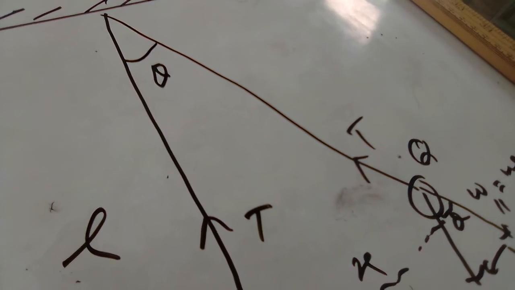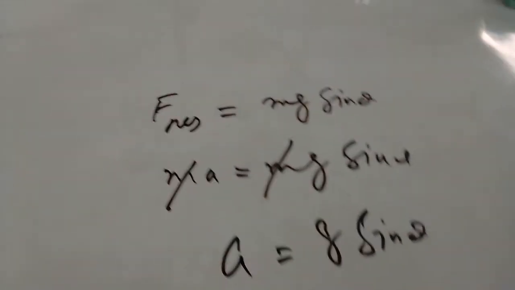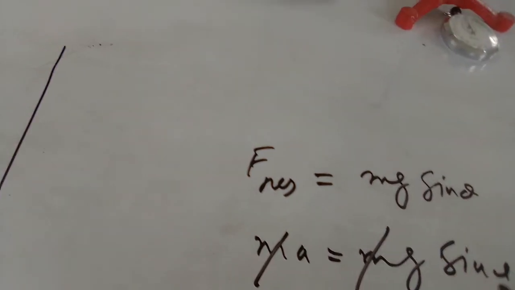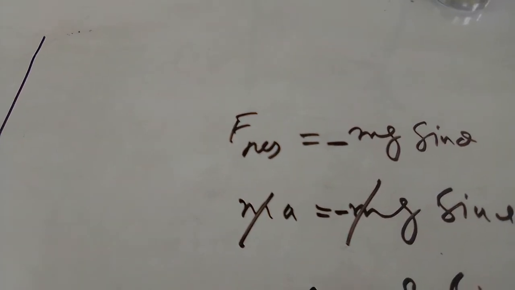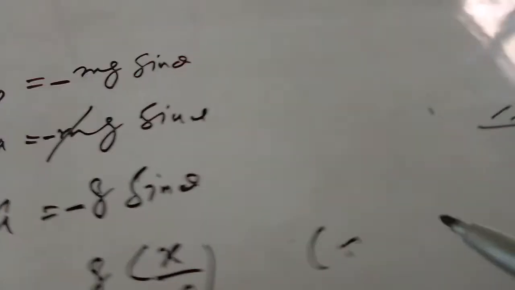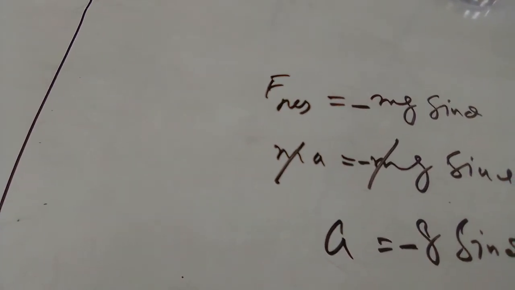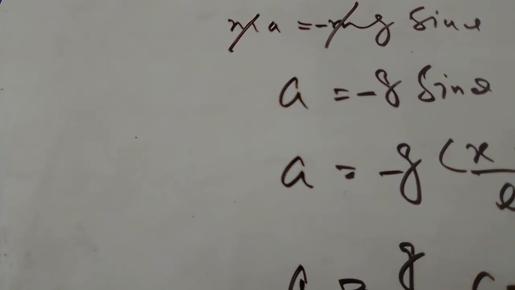For small theta, sin theta is equal to x divided by L. So a is equal to g times sin theta, and the restoring force acts toward the mean position, so there is a minus sign. Sin theta is equal to x divided by L, so a is equal to g divided by L times minus x.